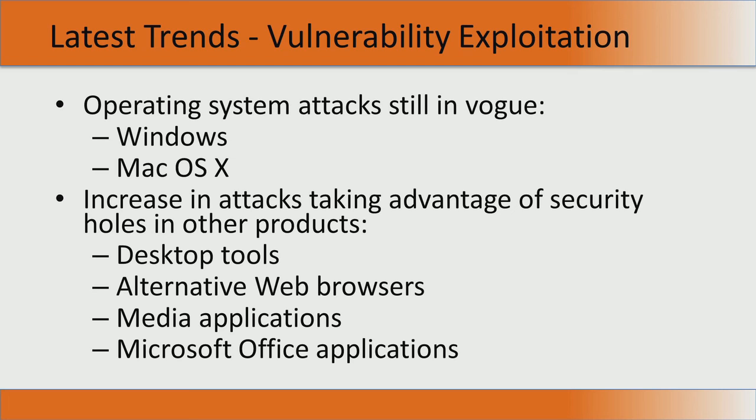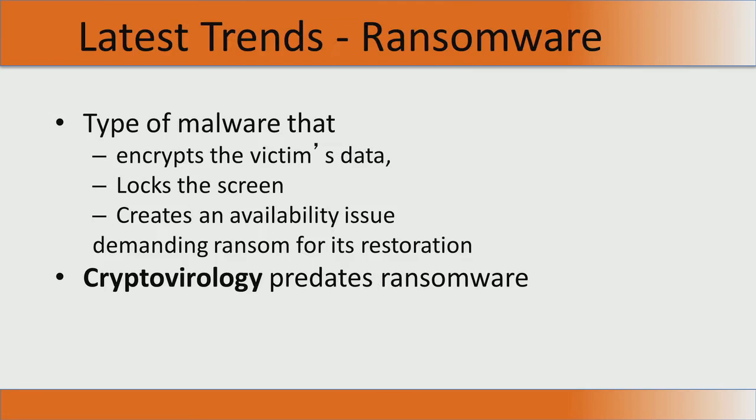Since many of these are not updated against vulnerabilities from the date of their installation, the hacker can exploit known vulnerabilities, whose fixes are known but not applied, to get access into the system and essentially create a vulnerability exploitation.